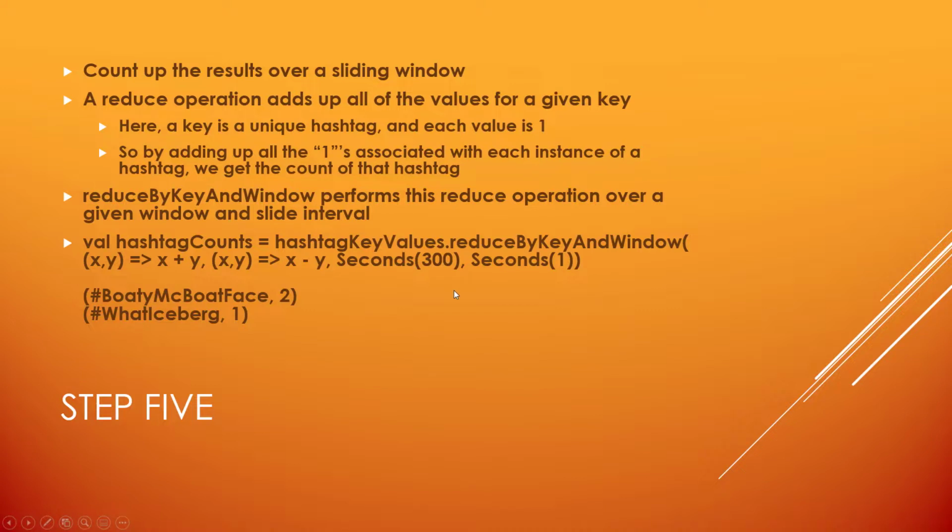And we're going to apply this over a 300-second window, that's the past 5 minutes, with a 1-second slide. So we're going to slide our window over every 1 second and look at the past 5 minutes worth of data. What this is going to do is recompute that reduction, that count of hashtags, every second going back for 5 minutes. And we should get a result that looks like that if that was our actual sample data.